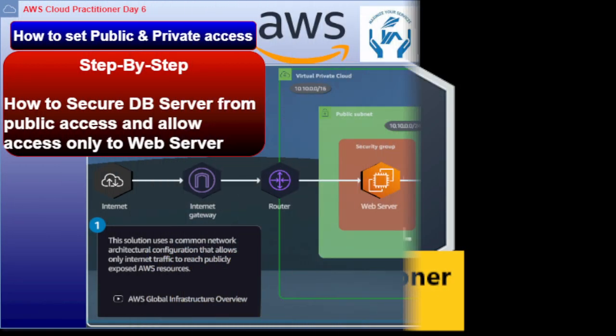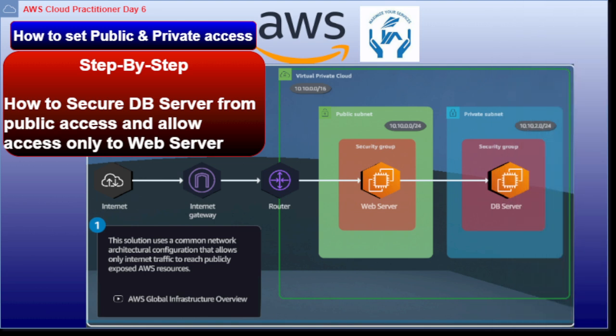So today, what we are going to discuss, I have an example for you to understand easily. Let's suppose we deployed our web servers, right? And then we also have databases. Definitely, we don't need to allow this database to be accessed publicly, because no one wants to access this database directly, and there is no need as well.